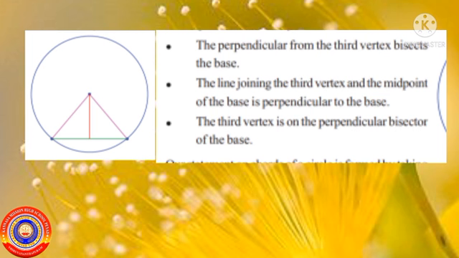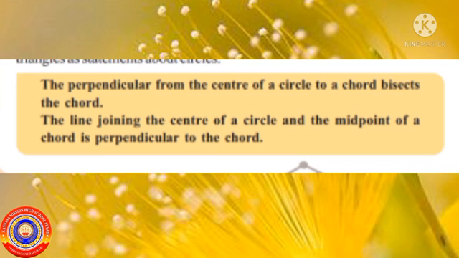We can rewrite the first 2 statements on triangles as statements about circles by taking the base as a chord and the third vertex as the center. That is, the perpendicular from the center of a circle to a chord bisects the chord, and the line joining the center of a circle and the midpoint of the chord is perpendicular to the chord.